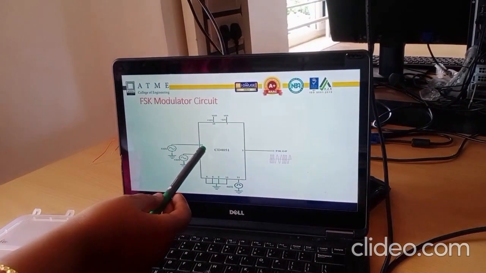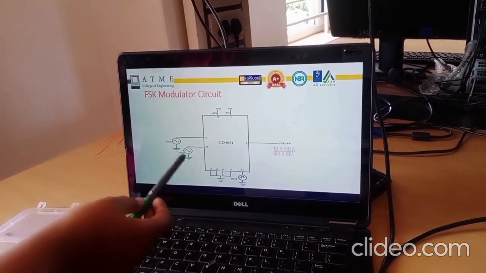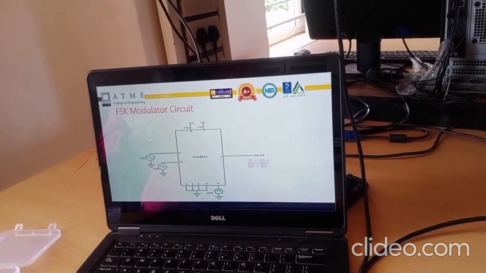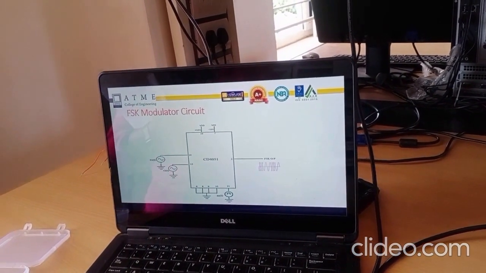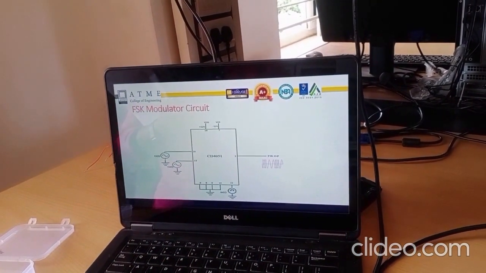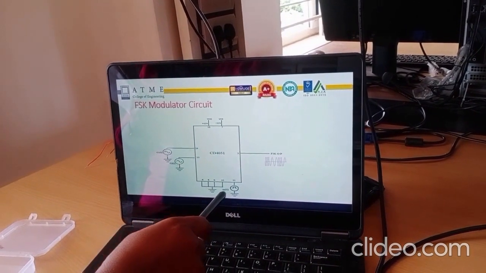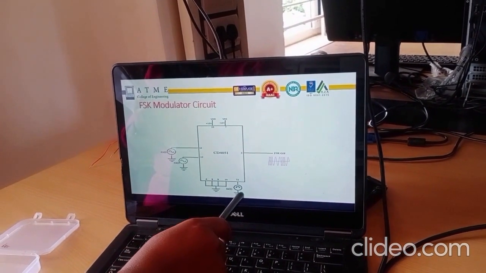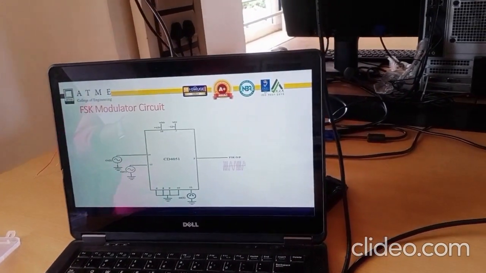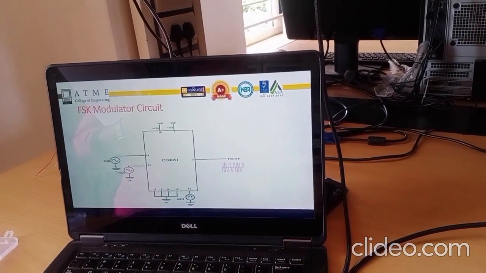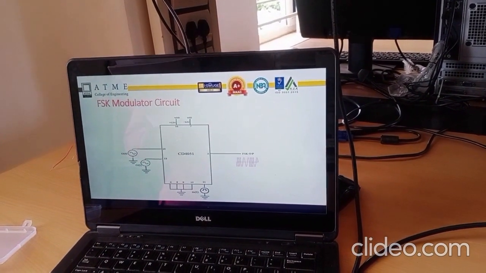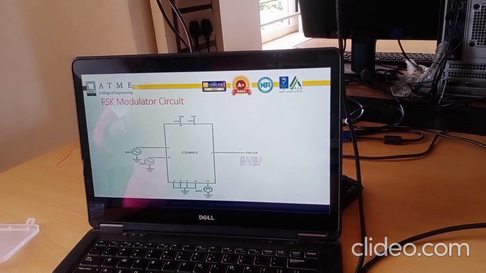Here pin numbers 14 and 13 are given the two carrier signals, wherein one will be a low frequency signal and the other a high frequency signal. 16 and 17 are the VDD and VEE which are given, and all the others are grounded. Here we give the message signal at pin number 11. Since pin number 6 is given to ground, this IC acts as a multiplexer, that is a 2:1 multiplexer.